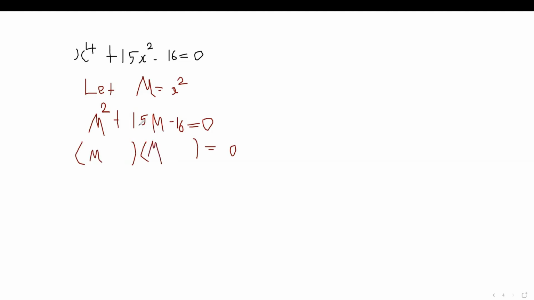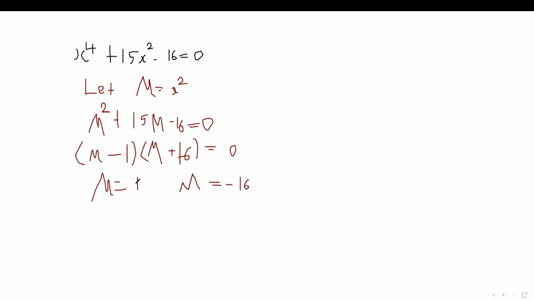Signs are different, the bigger number is positive. So you write 16 and 1, the bigger number positive, minus here. So that means m equals 1 or m equals negative 16.